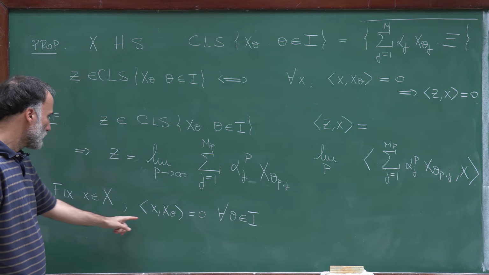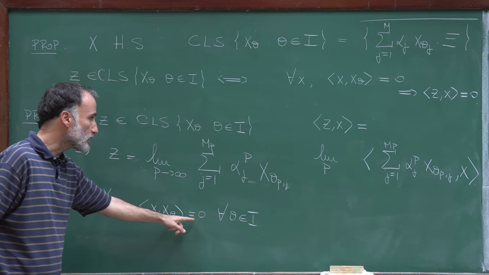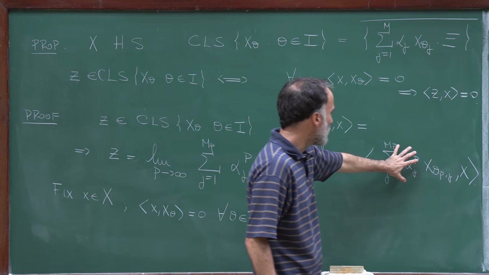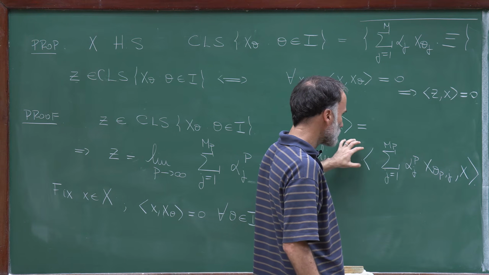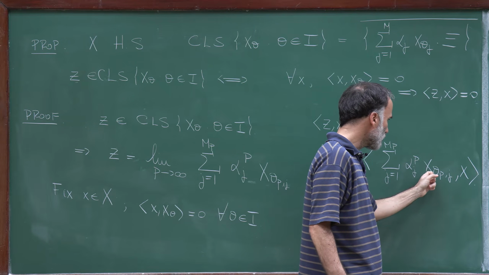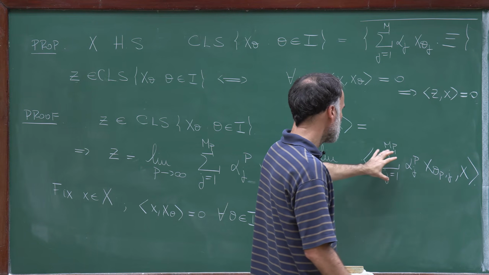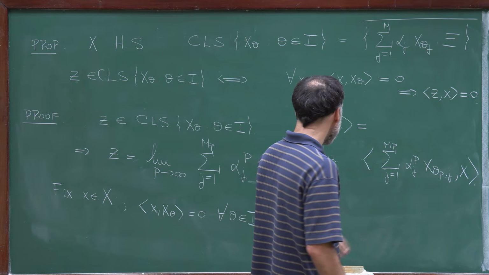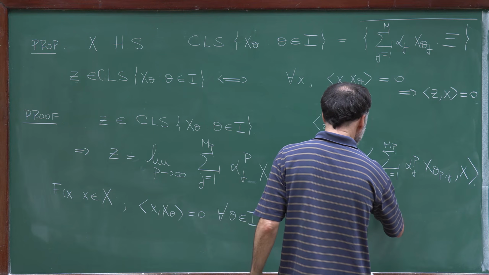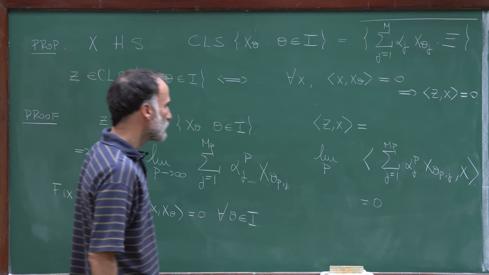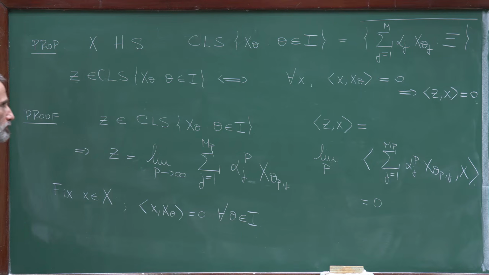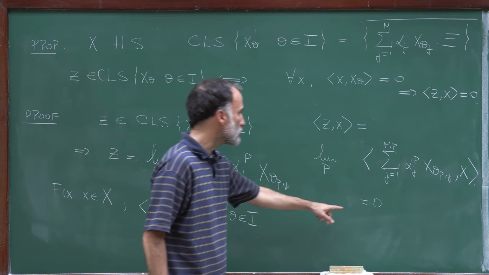Now we know that x is orthogonal to each x_theta. So by linearity, we can take this out of the scalar product. We get the scalar product of x_theta_pj with x. This is 0. So all terms here are 0. So this limit is equal to 0. And from that, we get that the scalar product of Z with x is also equal to 0.